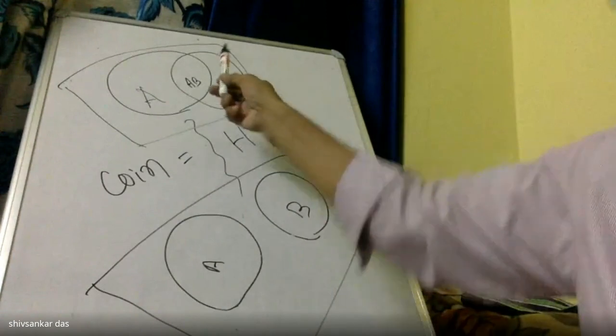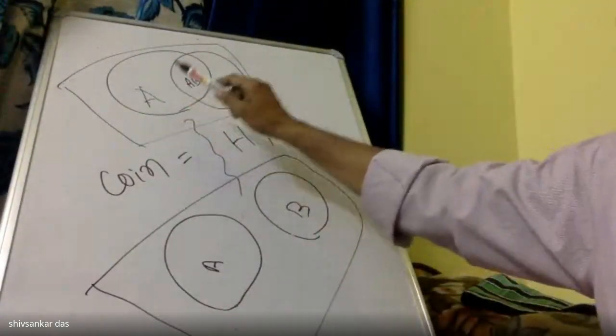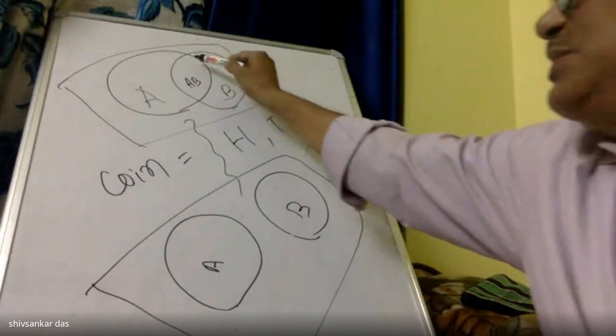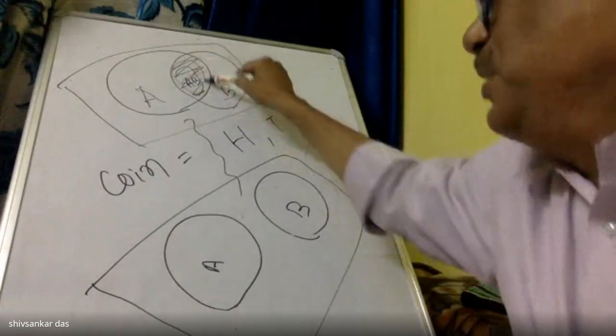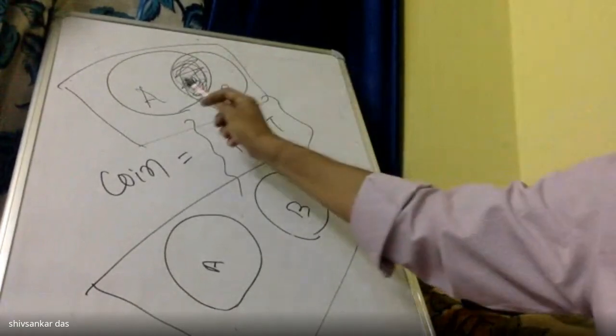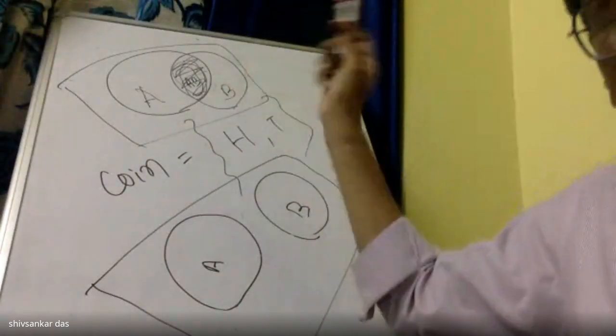There is an overlapping area which is commonly occupied by A and B. This area is common, so because of this area, they are not independent. They are not mutually exclusive.